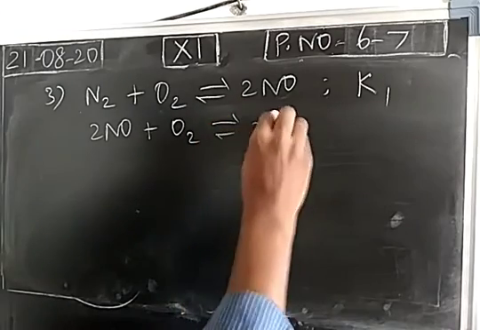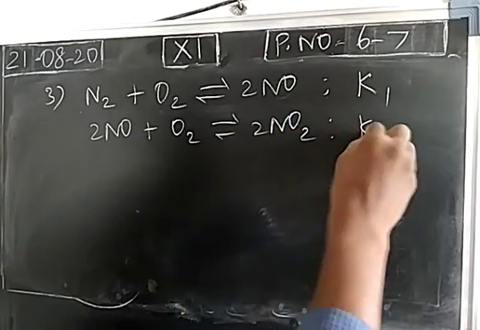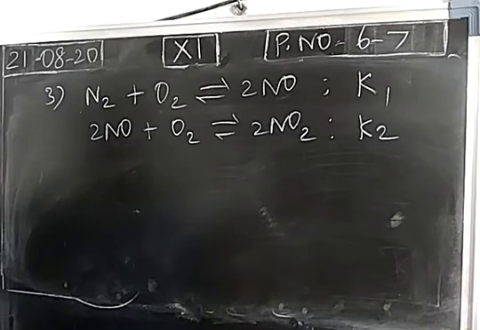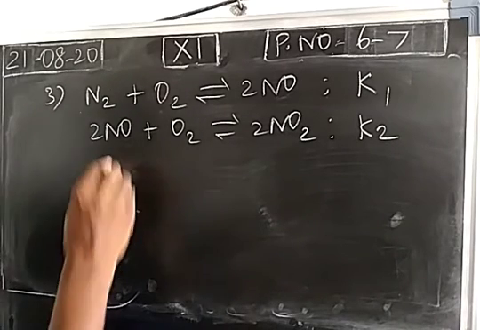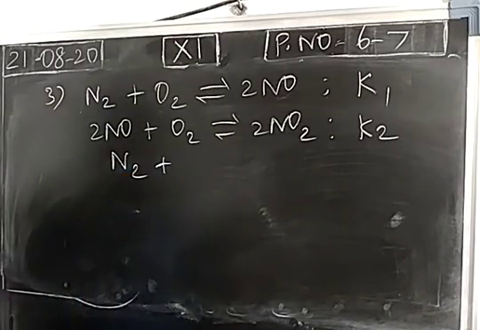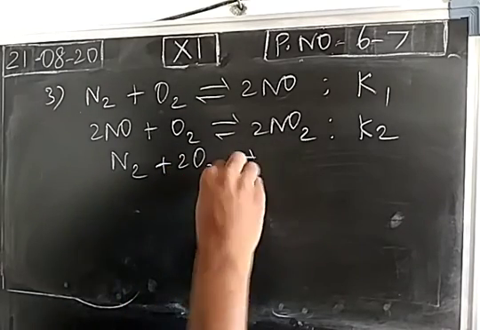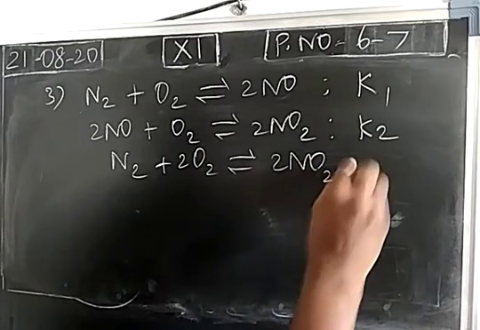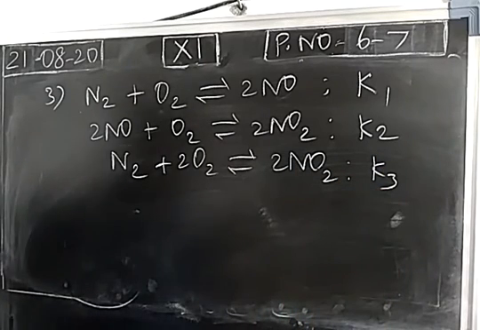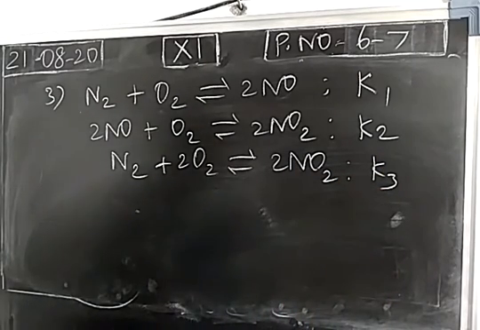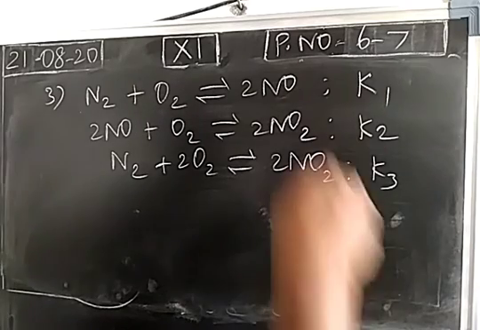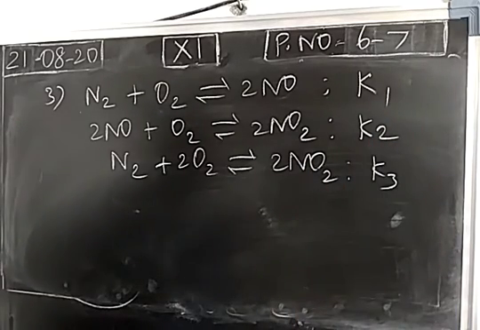It forms nitrogen dioxide. The equilibrium constant is taken as K2. Then directly nitrogen gas combines with oxygen gas to provide nitrogen dioxide gas. We take the equilibrium constant as K3. Now the question is, what is the relationship among the three?